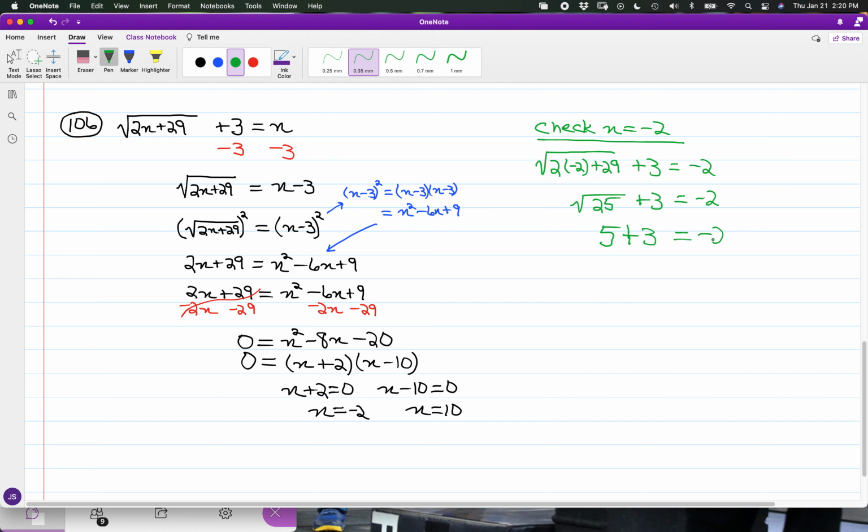Combining on the left, we have 5 plus 3, which is 8. And to the right I have n at negative 2. So plugging in n equal to negative 2, I'm saying ultimately that 8 is equal to negative 2, when it is not. So negative 2 is going to strike out.